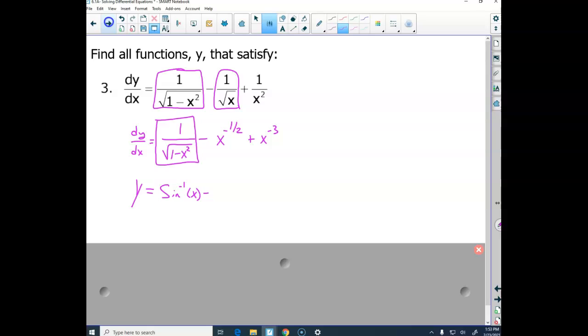Well, x to the negative 1/2, if I add 1 to that exponent, that's where I get a half. And then I'm thinking, oh, what goes in front of the x that I multiply times a half such that I get a 1? That would be a 2 plus, okay, then I'm thinking here, ooh, this is an x. If I add 1 to that 3, that's a negative 2.